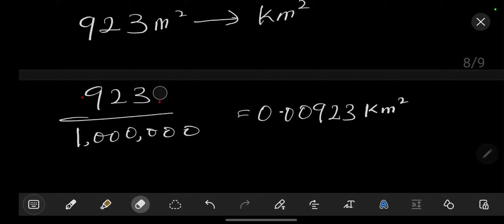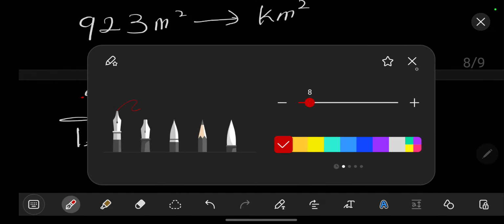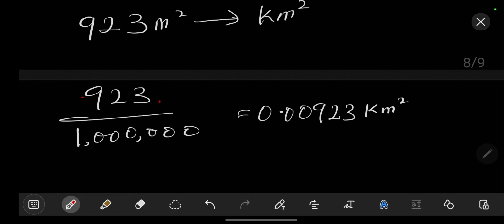Now let's do this again. Look at this. You have your point here. The point moves. We're moving 6 places backward. Don't forget. So 1, 2, 3. The point is now here. So if we move 1, that's with 0, that's 4. 5 is 0, and 6 is 0. Now the point is now here. So we have 0.000.